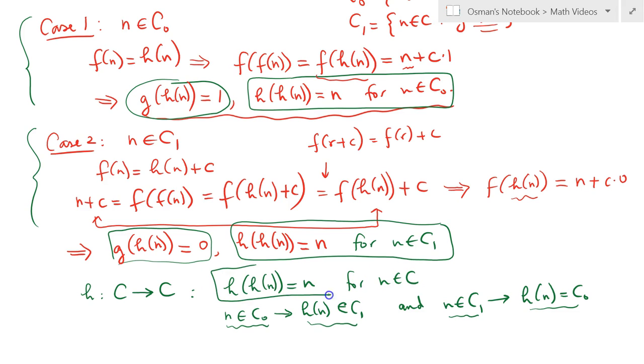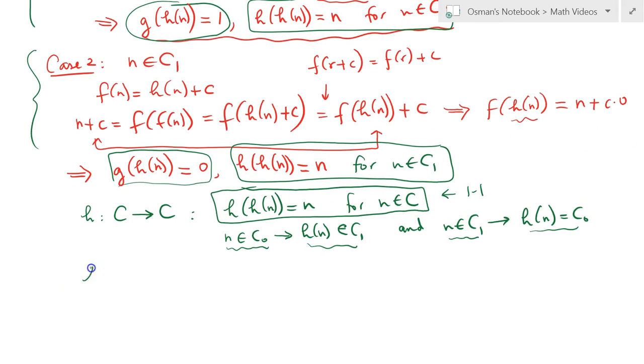So this first observation lets us know that our function here is a one-to-one mapping of C onto itself, right? And secondly, the second condition is very strange. It basically tells you that h will map C0 onto C1, but remember the function itself is one-to-one, and also it will map C1 onto C0.